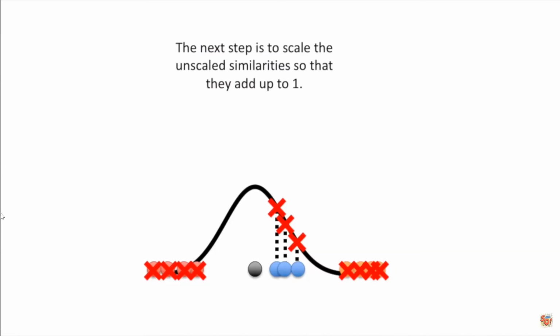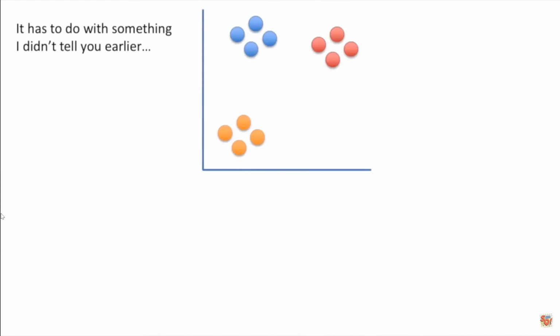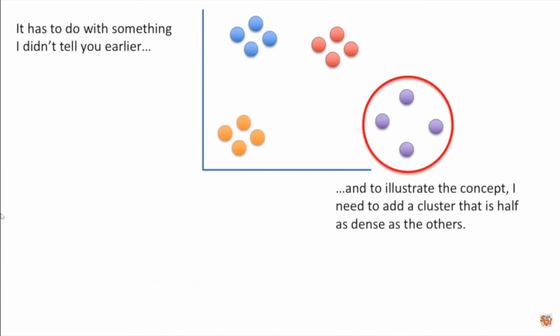The next step is to scale the unscaled similarities so that they add up to 1. Why do the similarity scores need to add up to 1? It has to do with something I didn't tell you earlier. And to illustrate the concept, I need to add a cluster that is half as dense as the others.